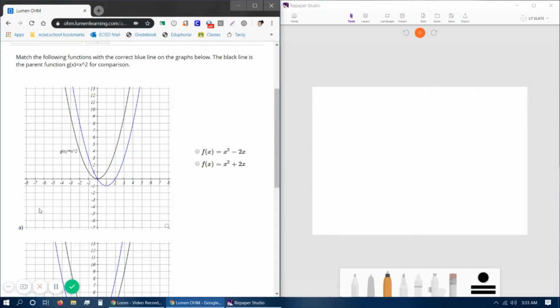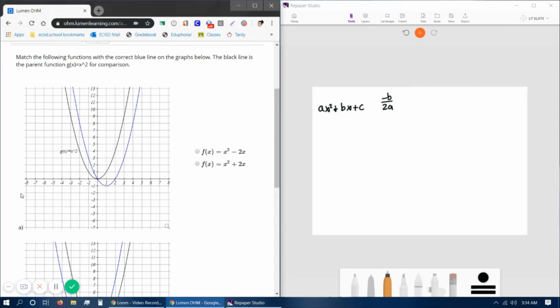The vertex is the point at the bottom of the parabola, and if a function is in the form of ax squared plus bx plus c, we can use the formula negative b divided by 2a, where b is the number in front of x and a is the number in front of x squared. Negative b divided by 2a will give us the x-coordinate of the vertex. We can then plug that value into the function to find the matching y-coordinate.